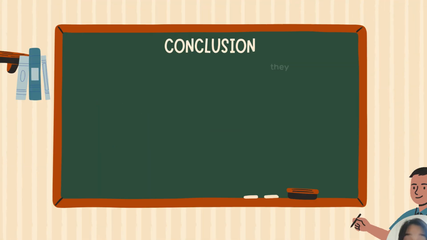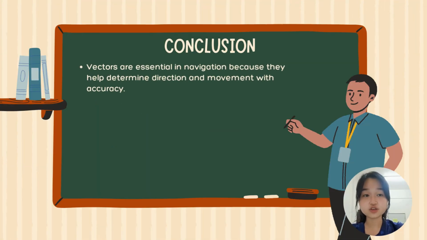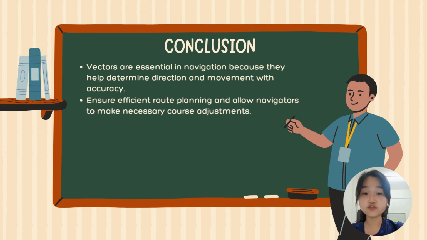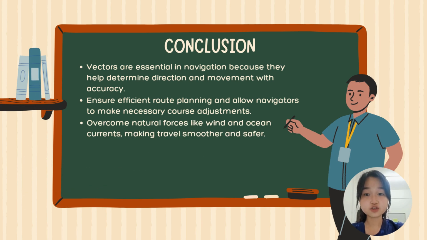To summarize, vectors are essential in navigation because they help determine directions and movement with accuracy. Whether for ships, aircraft, or vehicles, vectors ensure efficient route planning and allow navigators to make necessary course adjustments. By applying vector principles, they can counteract natural forces like wind and ocean currents, making travel smoother and safer.